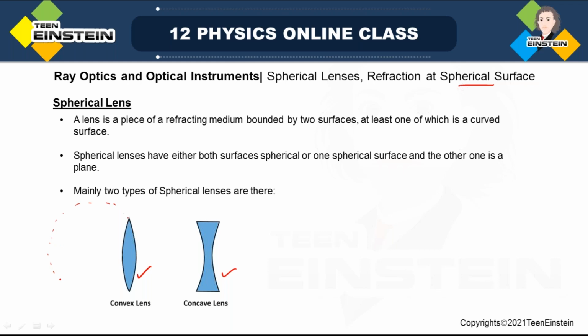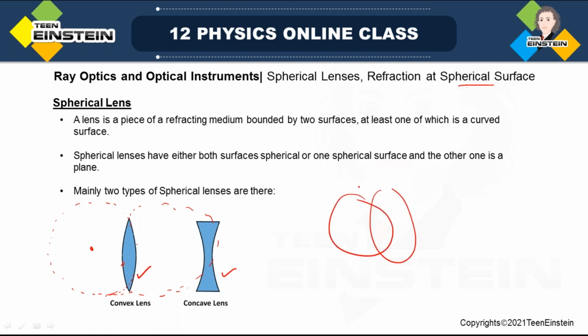the two surfaces of the lenses are actually part of some sphere. Okay, part of two spheres. This surface is a part of this sphere like this, and this is a part of the other sphere.